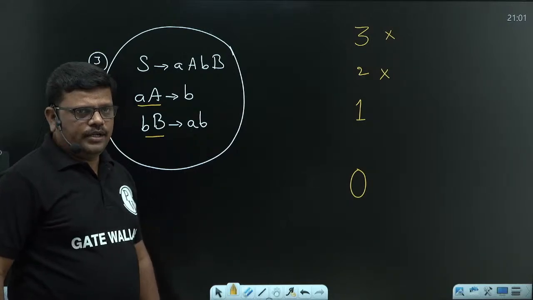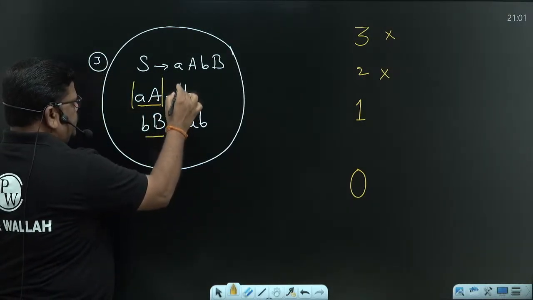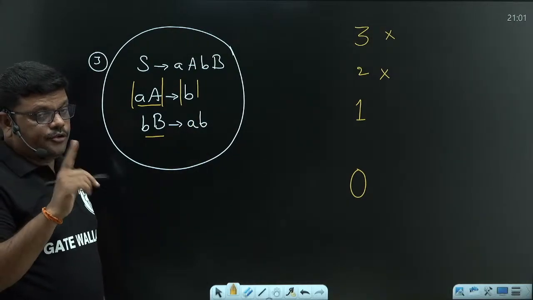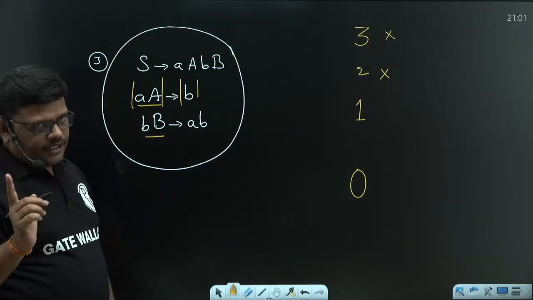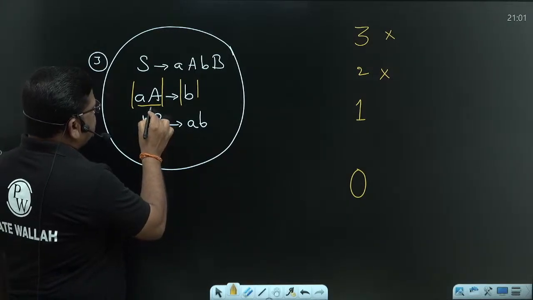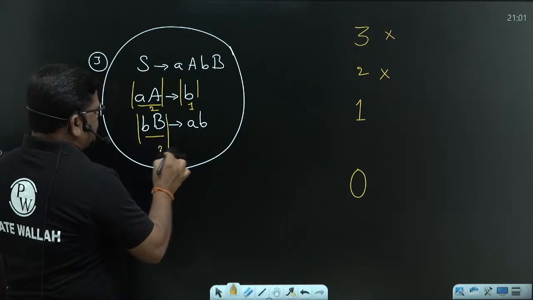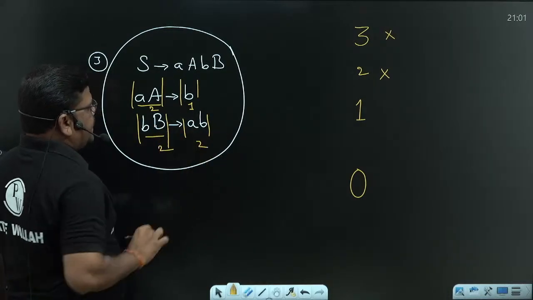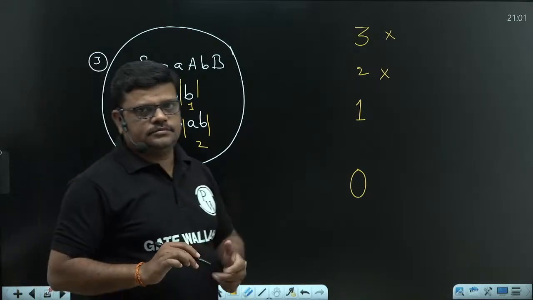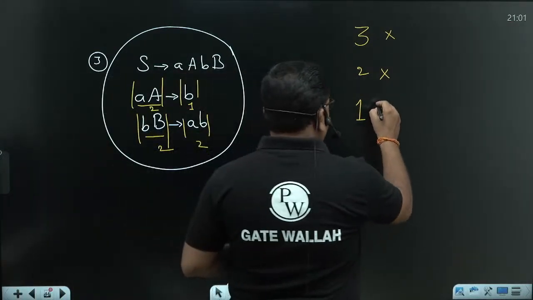What is type 1? We have to calculate the length of the left hand side and the right hand side. The length of the right hand side should be greater than or equal to the left side. Length is 2 here, 2 here, equal. Whenever the length of the left hand side becomes greater, that is clearly a violation of type 1.